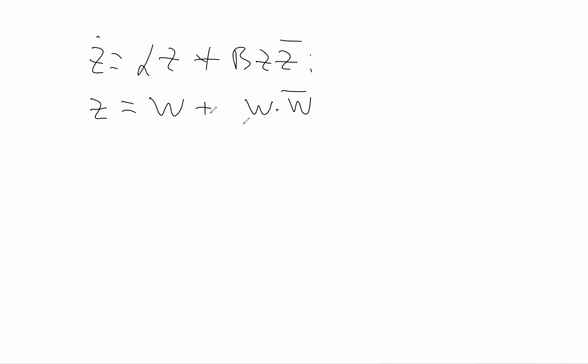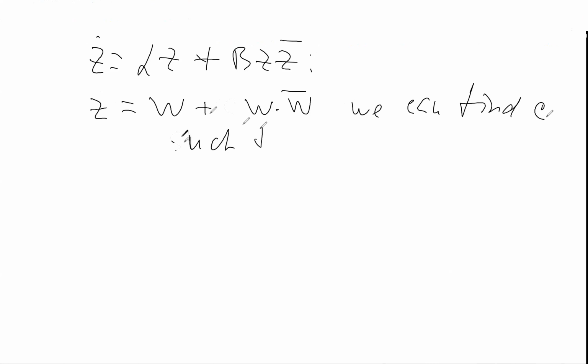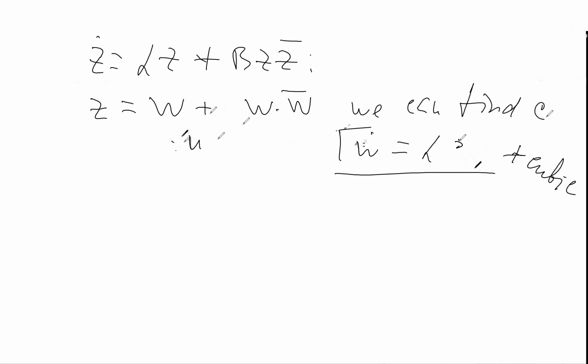And we can find c such that w dot will be equal to lambda w plus cubic. Same procedure, a long procedure, but pretty much the same. So if we have this term, we can get rid of it. This c should be equal to c capital divided by lambda.